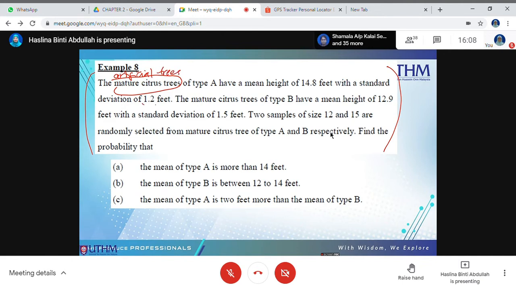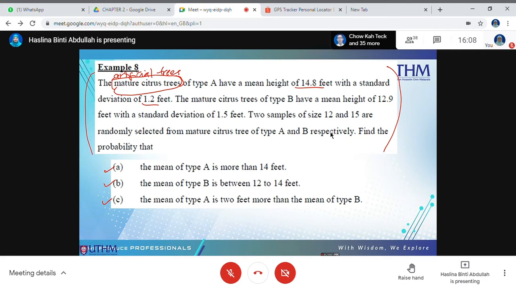Same values, same question A, question B, question C. The difference is this one I substituted with artificial trees. So make sure for your test, for your final, you understand the examples in our slides.